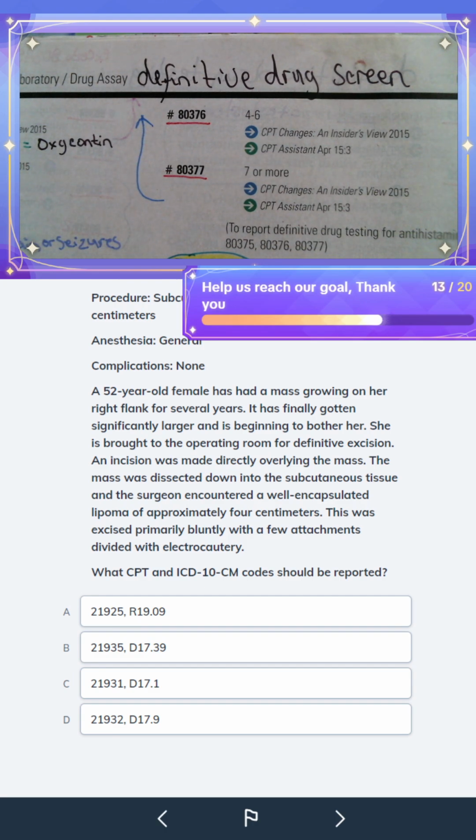So if they have a huge population that are all getting lung transplants, they get more money for those because they have more expenses to pay for. So anyway, that's what risk adjustment is.